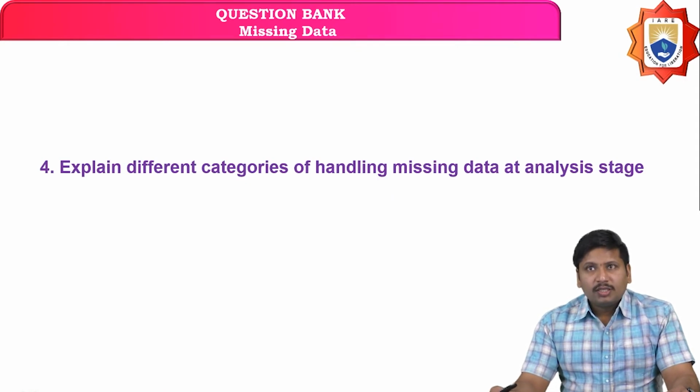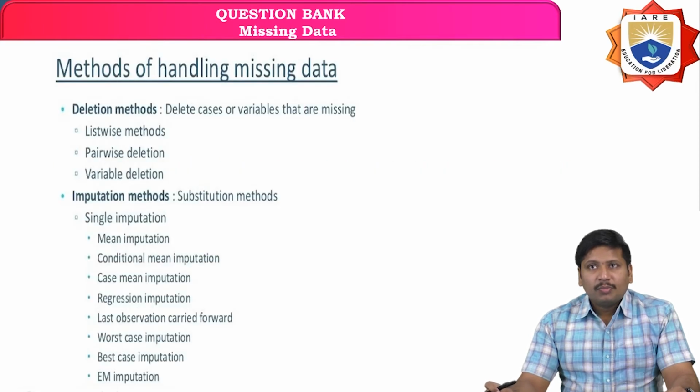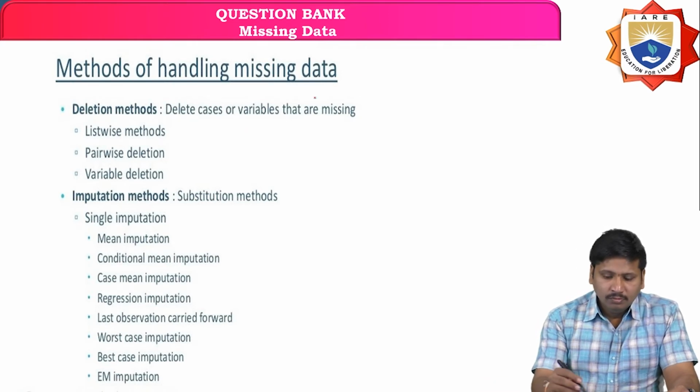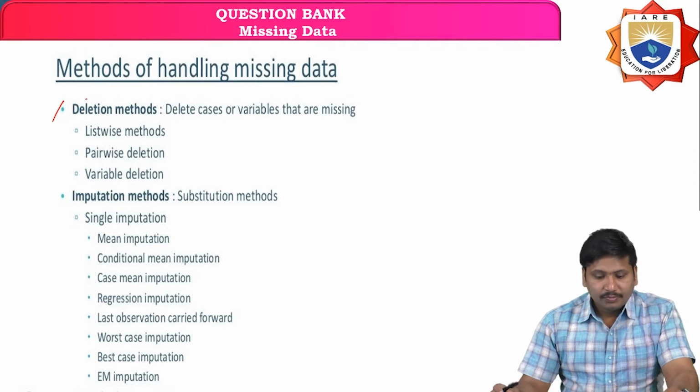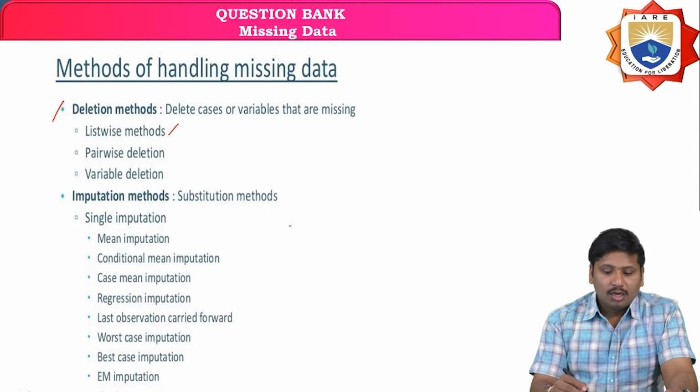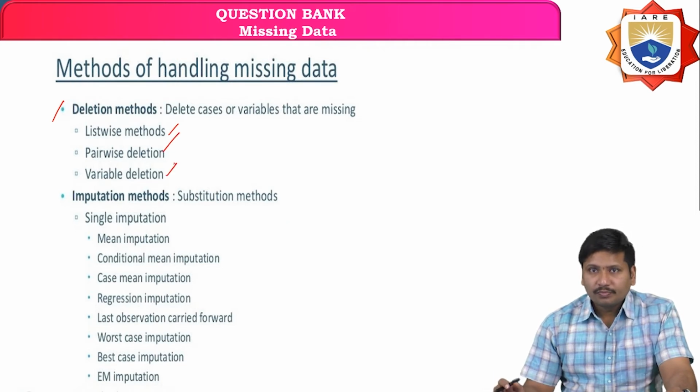Next, explain the different categories of handling missing data at the analysis stage. This is another question that may come up. Some of the methods available for handling missing data: first is the deletion method, deleting the cases or variables that are missing. Examples are list-wise deletion, pairwise deletion, and variable deletion.